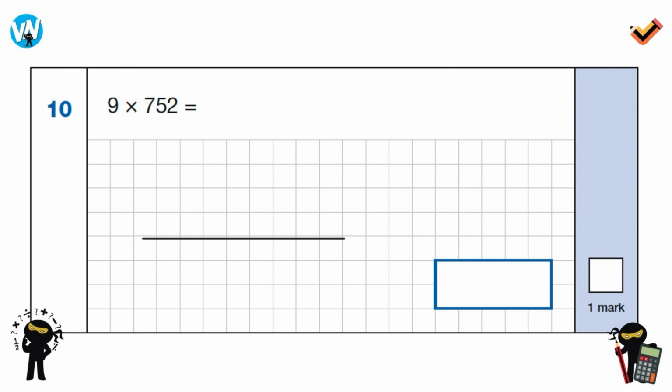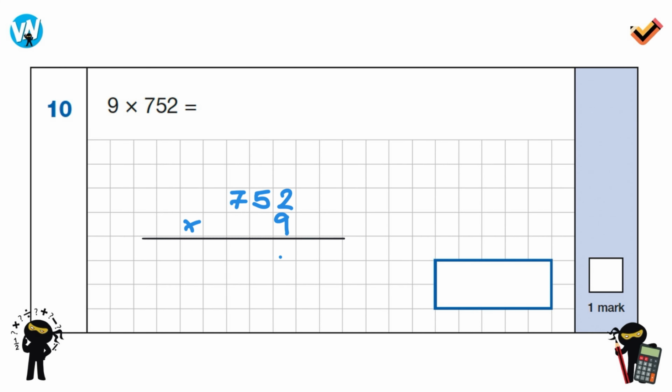So again with this, by all means pause the video, but if we time this, even though it seems like quite a complex question, it's probably going to take 15 seconds to solve. 752 times 9.